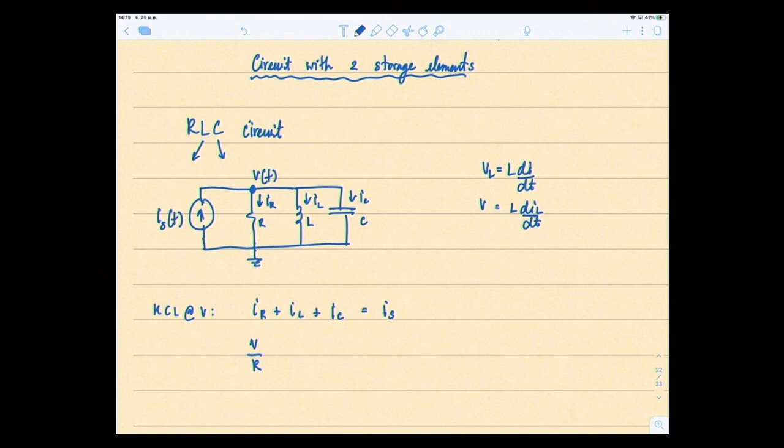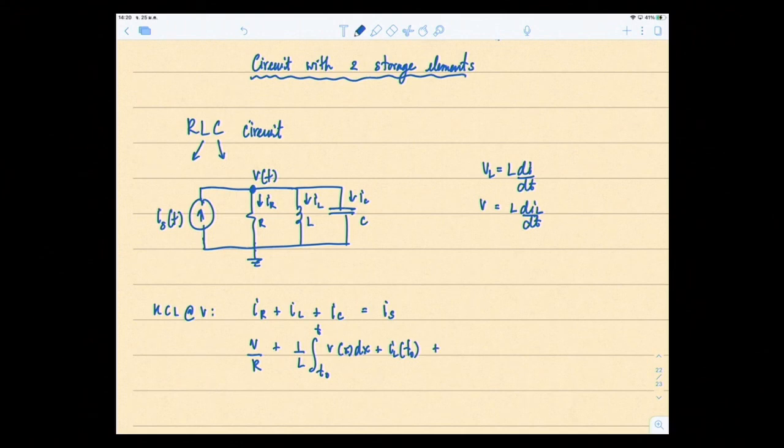But I want IL, so you have to integrate, right? So it's plus 1 over L, integrated from the initial time t0 to any t, of V(x) dx, plus IL at the initial value. That's IL.